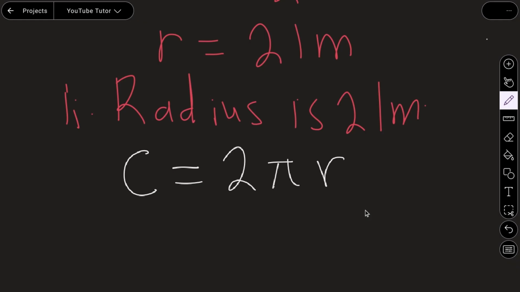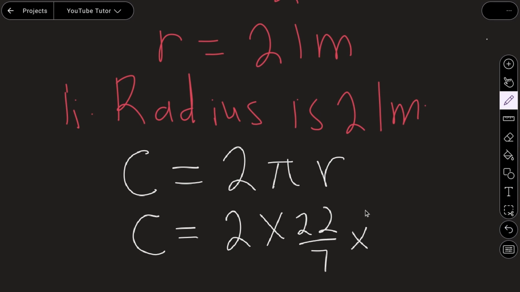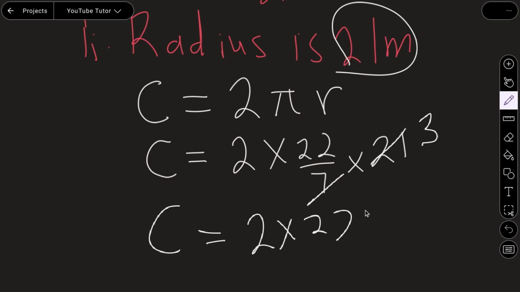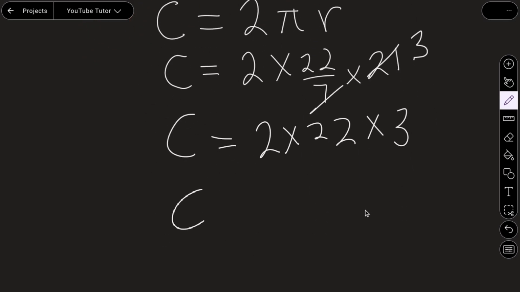So C is equal to 2 times 22 over 7 times our radius, which is 21. 7 can go into 21 3 times. So we will be left with 2 times 22 times 3. So C will give us what? 44.